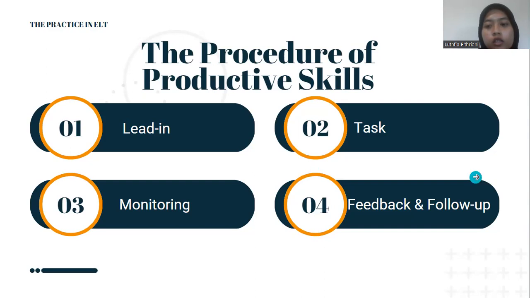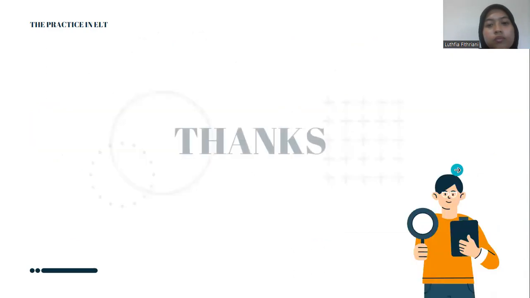And then after the teacher gives the students feedback, they have to give the students a follow-up activity in order to engage the students in the material. Follow-up activity can be done by giving the students tasks or homework that they can do individually outside the classroom. So it will help them to improve their skills.